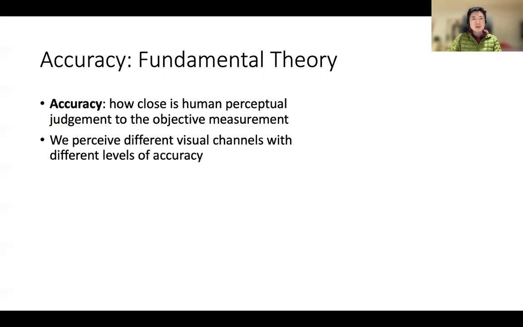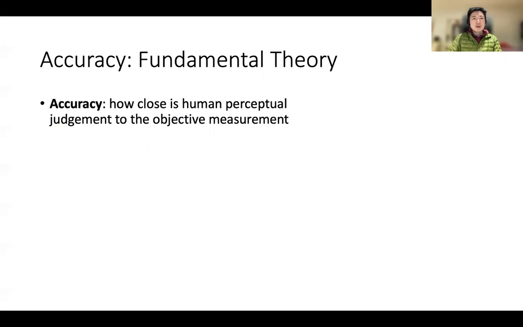Basically, if I have 2 values, one is 10, the other is 20, visually I should easily be able to tell the second one is twice the first just by looking at it, without knowing the exact numbers. That means it's accurate. But if you can't do that, it's not very accurate.